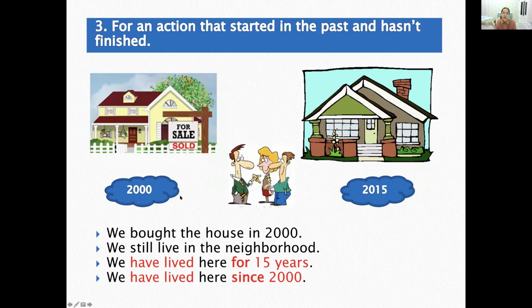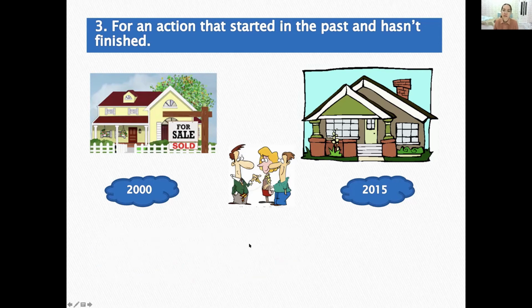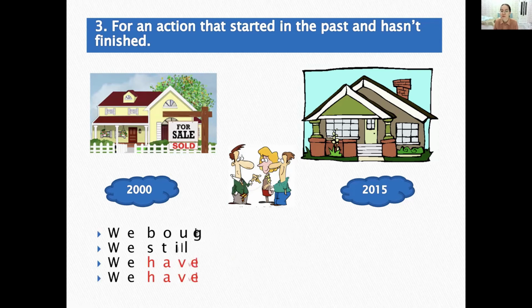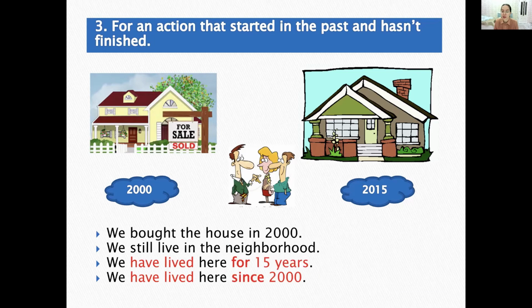Okay, they lived from 2000 till 2015. So they can say we have lived here for 15 years, or we have lived here since 2000. So two sentences are possible here, and the time expressions here are the words for and since.